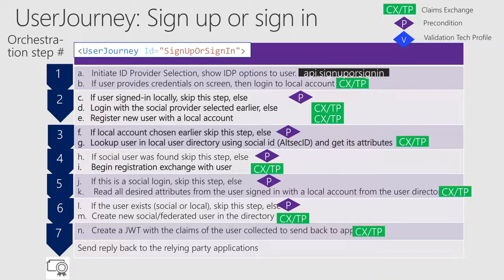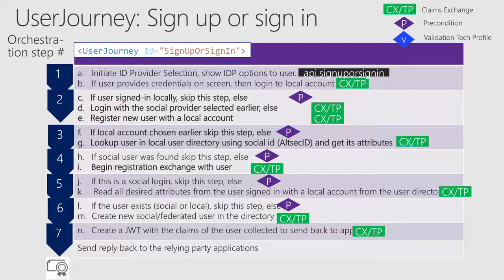If the user account does not exist in the directory, then we take them through the sign-up experience. That's what makes the sign-up or sign-in a bit more complicated, especially in the social and local accounts starter pack. That's why we have other starter packs where, if you don't need this and you are only dealing with local accounts or social accounts, then a lot of this policy becomes simpler.